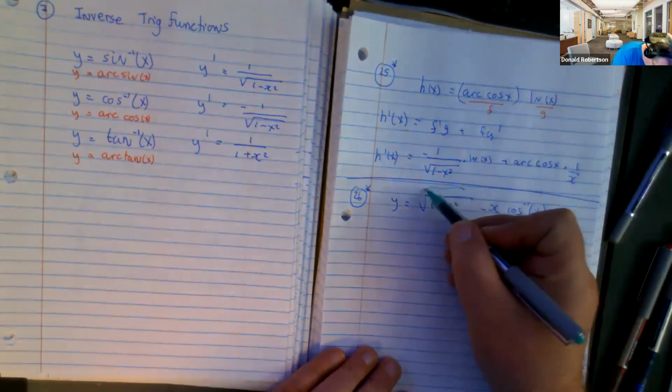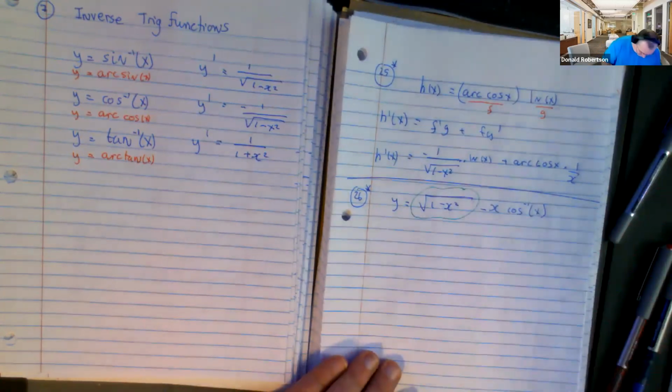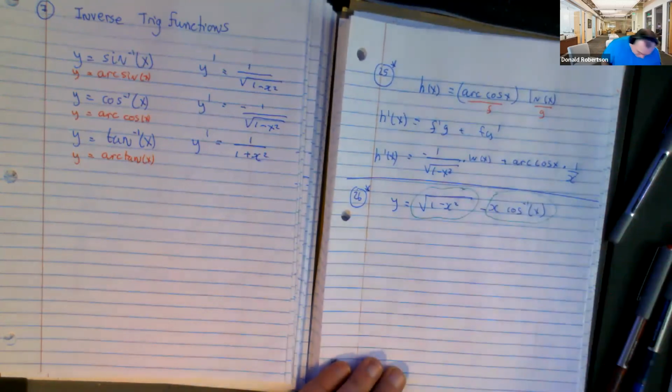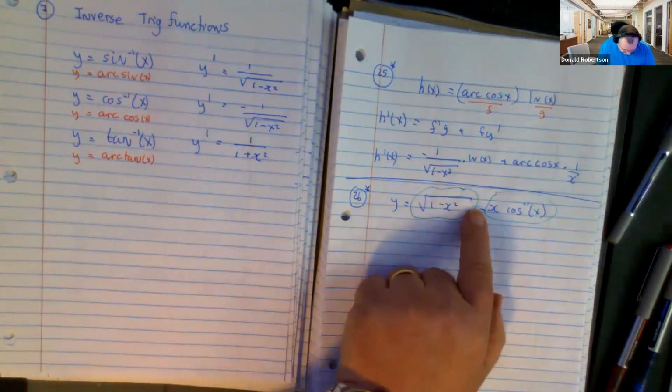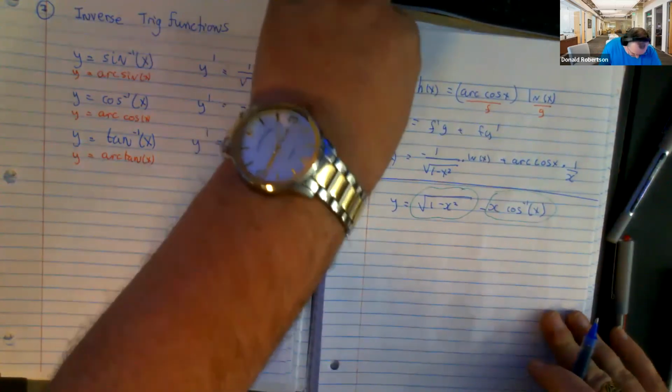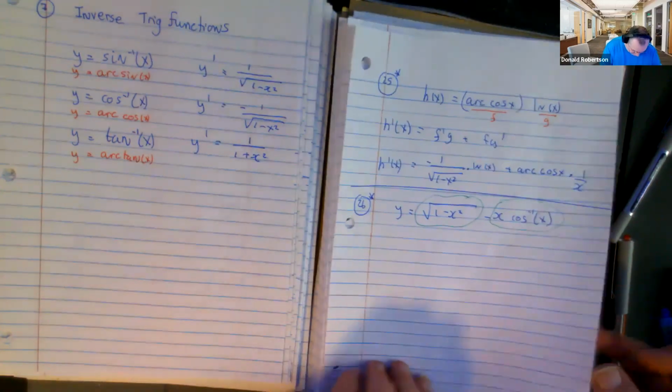I'm going to take this guy and differentiate him, and then I'm going to take that guy and differentiate him. And then this answer, take away that answer. So really I've got a lot of different bits, a lot of moving parts here. So let's focus on just differentiating this piece.